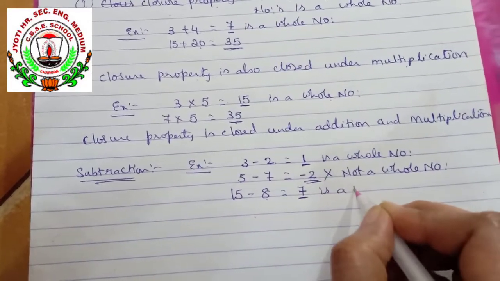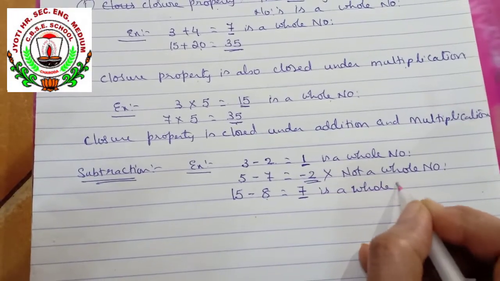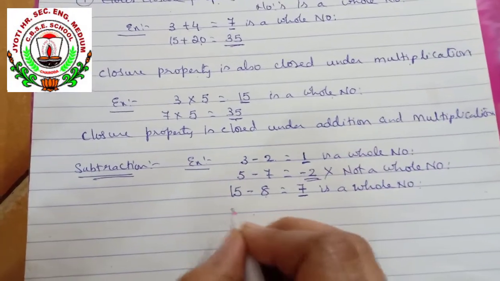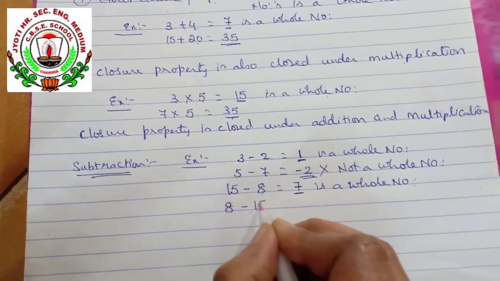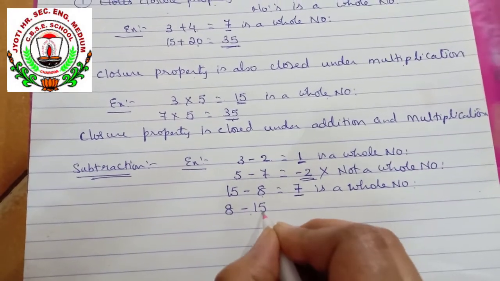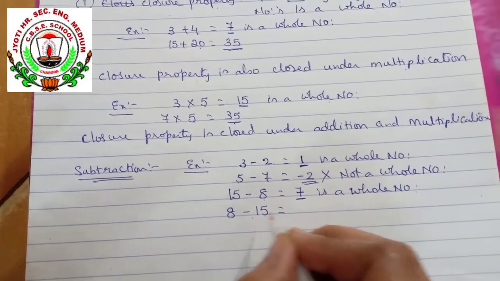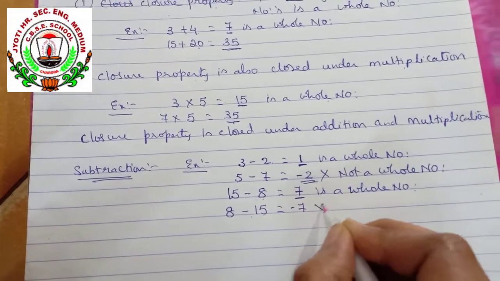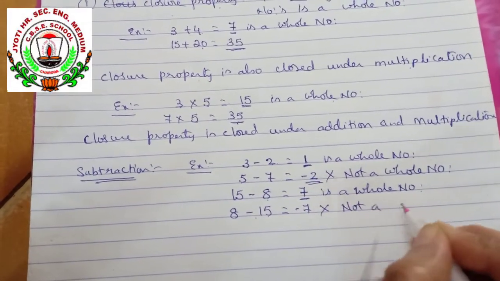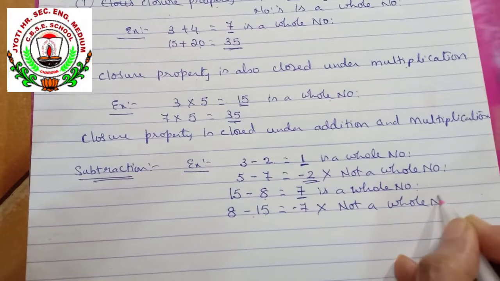So this is a whole number. When I write the reverse of it, 8 minus 15, 8 is a whole number, 15 is a whole number. But 8 minus 15 is minus 7. This is not a whole number.